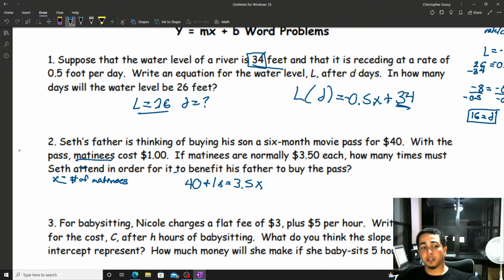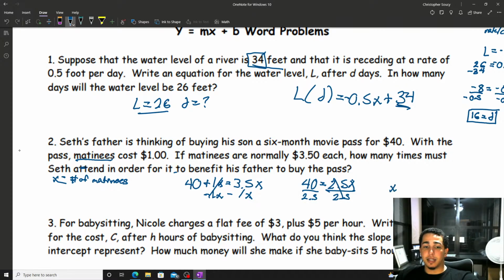So the first step is to subtract 1x on both sides. On the left side it cancels and we just have 40. On the right side, 3.5 minus 1 is going to be 2.5x. The last step is going to be to divide by 2.5 on each side.